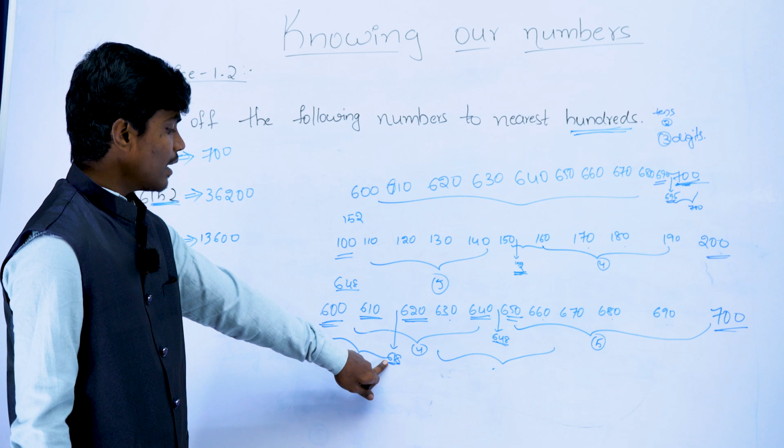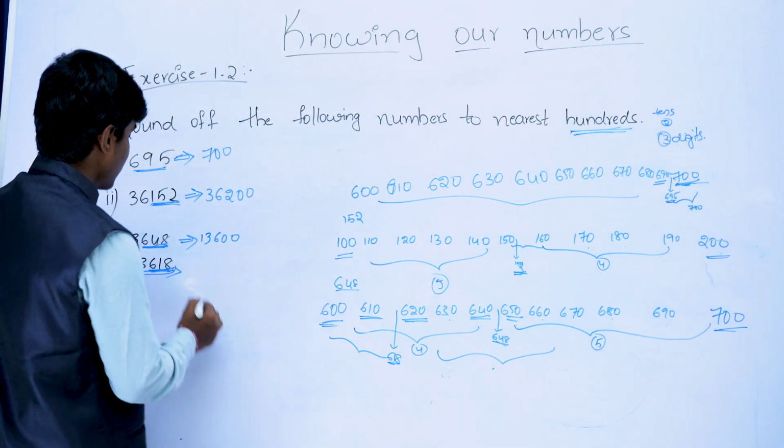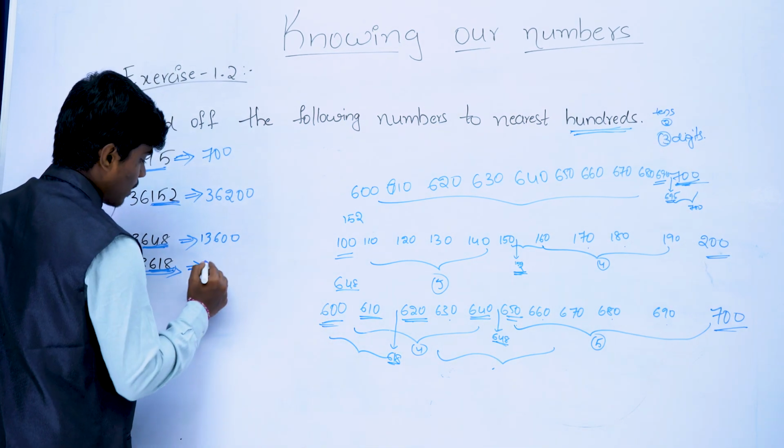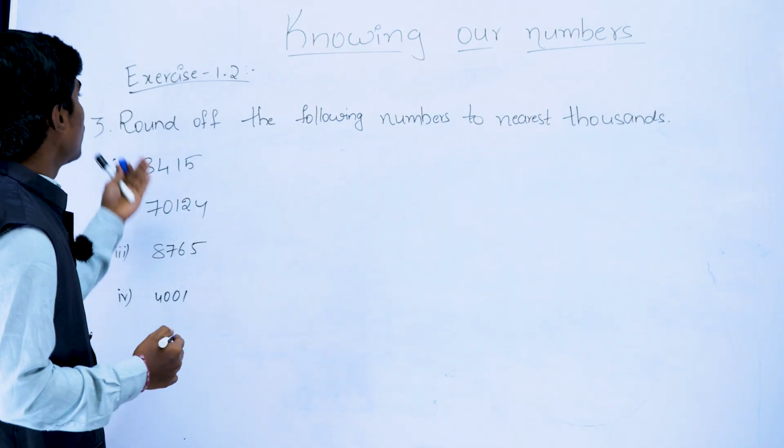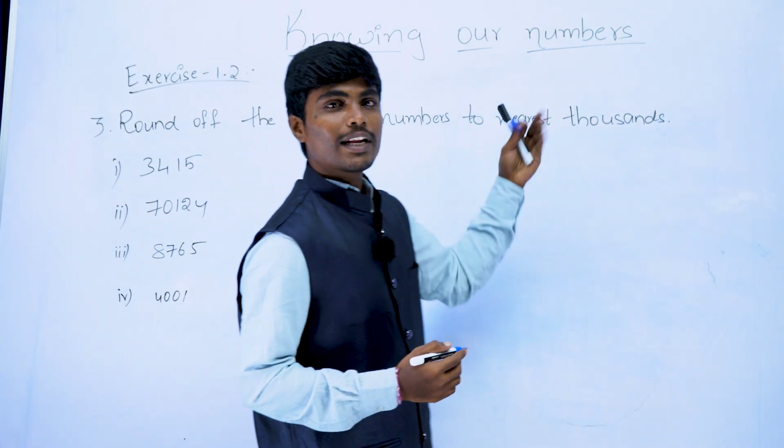So 618 is rounded to 600. So the answer is 93,600.